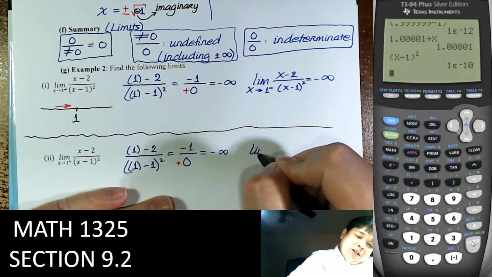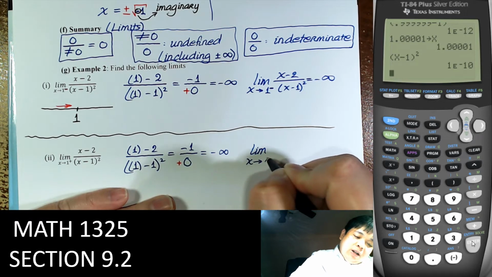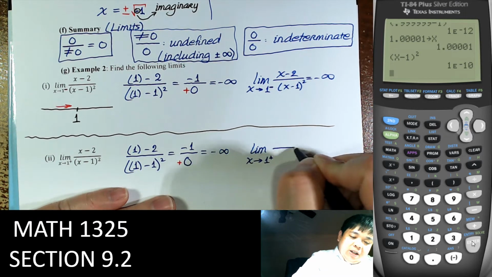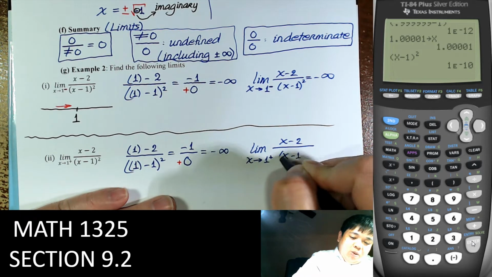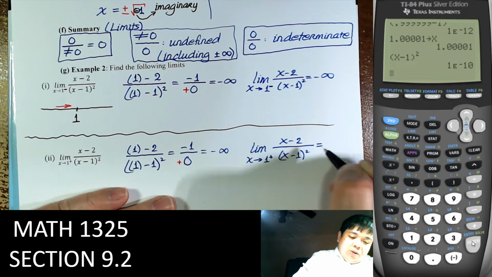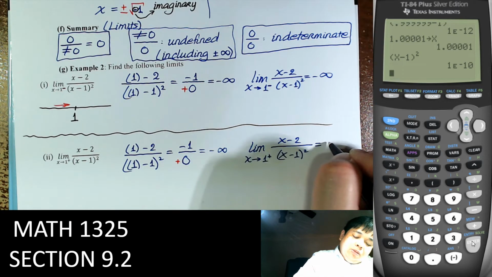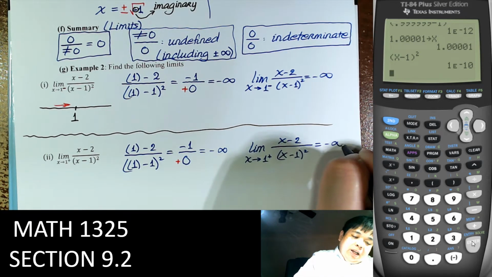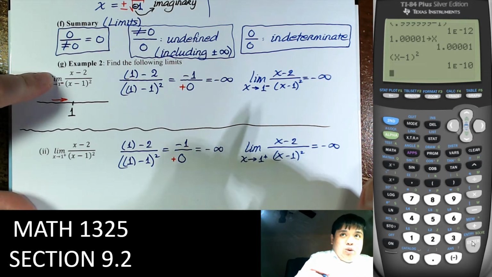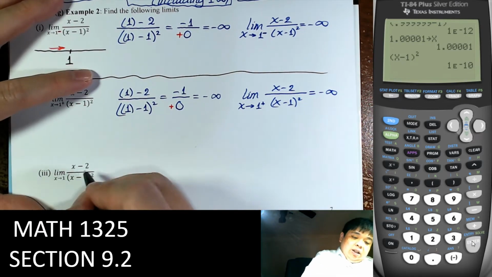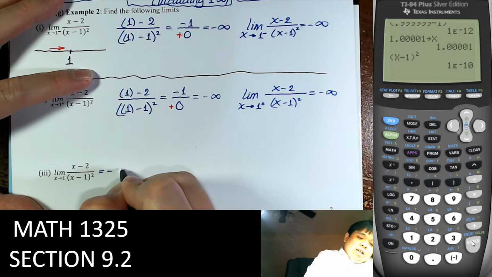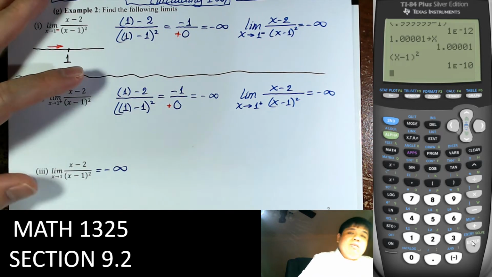So the limit as x goes to 1 from the right side of x minus 2 over x minus 1 square is equal to negative infinity. Now the right-handed limit equal to negative infinity, the left-handed limit also negative infinity. So we say when x goes to 1, it goes to negative infinity.